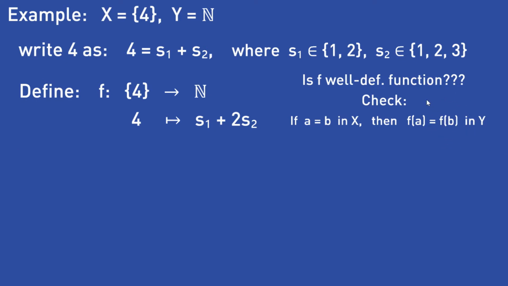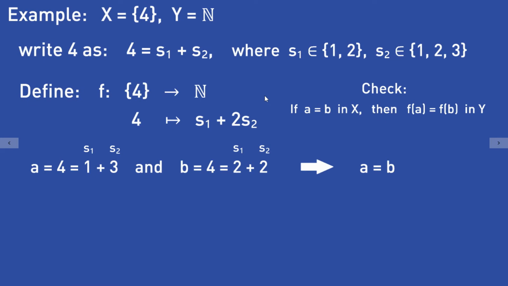So 4 is written as a sum of these two numbers s1 and s2, and the function value depends on the numbers s1 and s2. There are two ways to represent 4 as such a sum. The first way is a is equal to 4 is equal to 1 plus 3. 1 is the number s1 and 3 is the number s2.